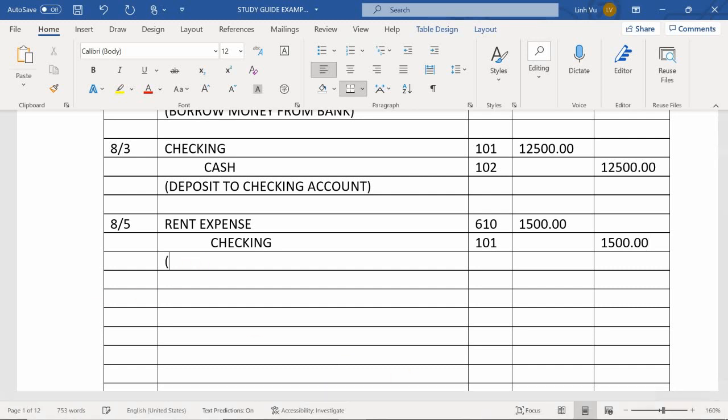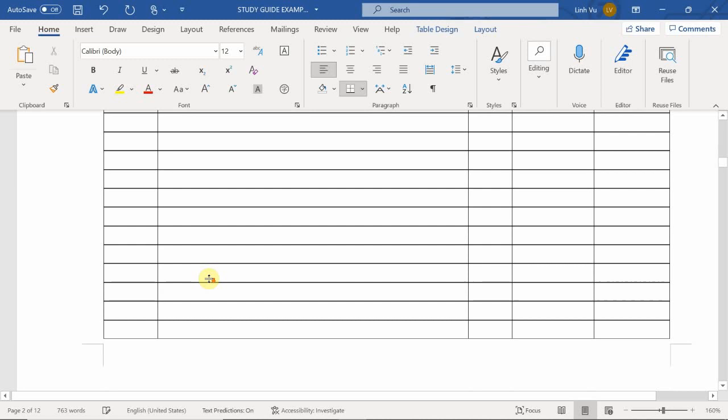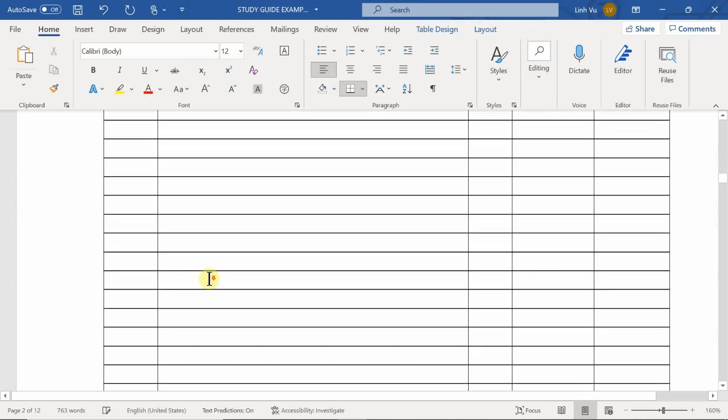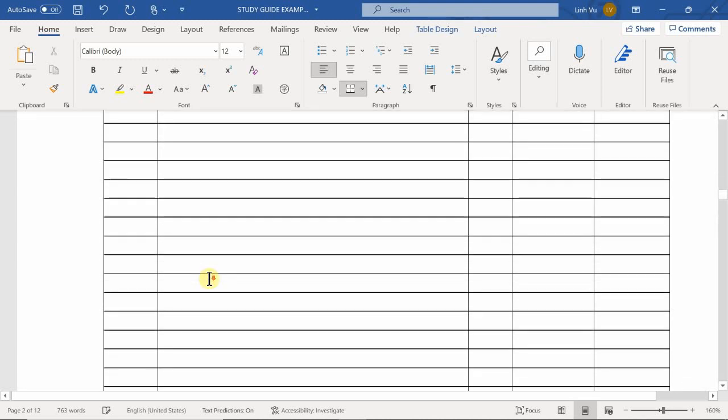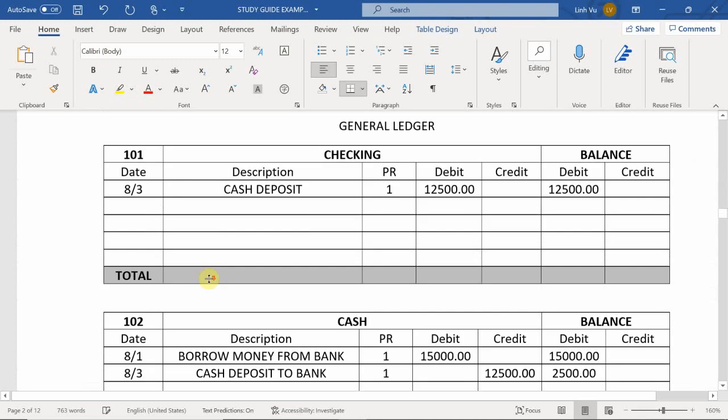So we paid rent for the month of August. Okay, so we're going to the ledger. Here we go, rent expense.